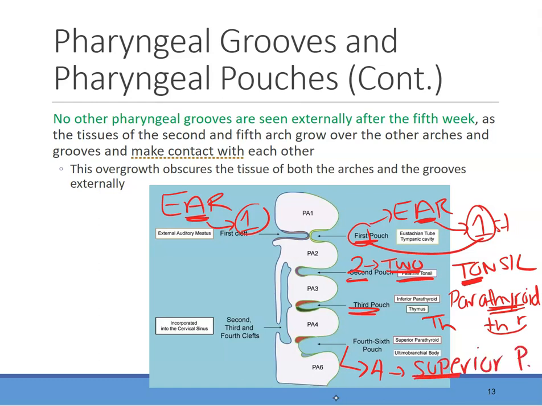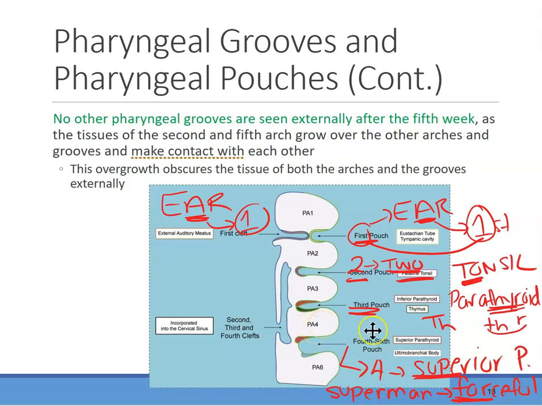For superior, I want you to think of Superman, and imagine Superman being very forceful or powerful. I'm trying to get this word right here, forceful. He's really forceful. Four and number four. So the superior parathyroid gland is from the fourth pouch. Superior might sound like Superman. Superman is very forceful. Four for the fourth pouch.